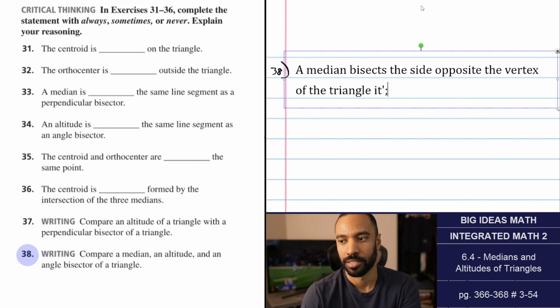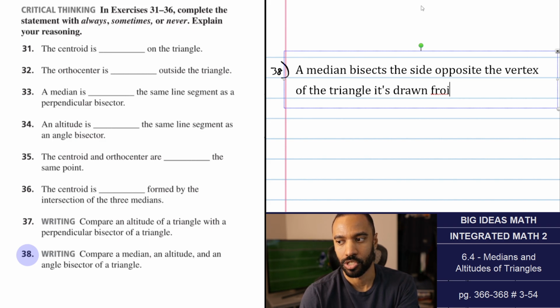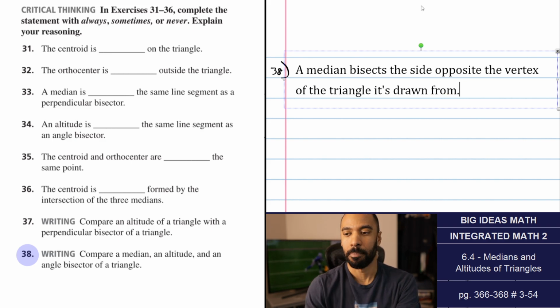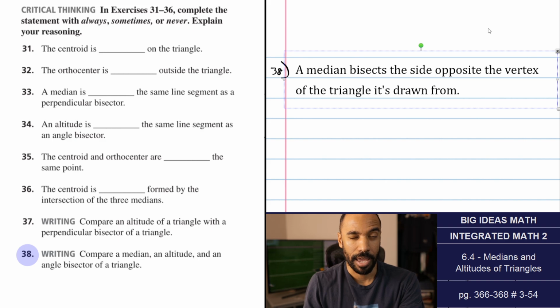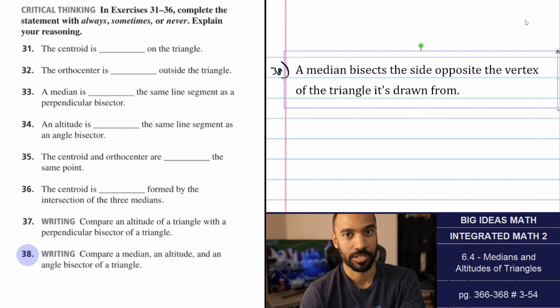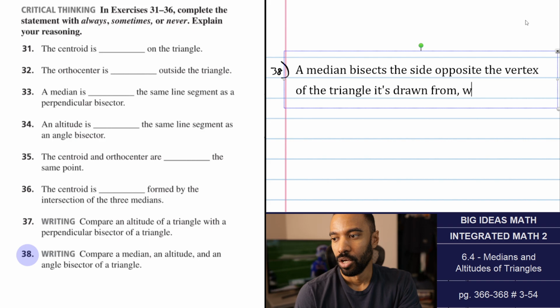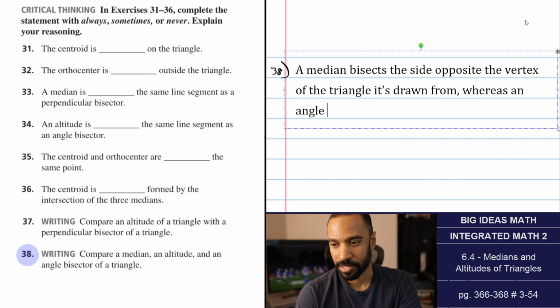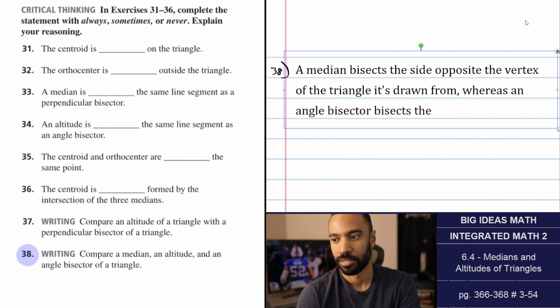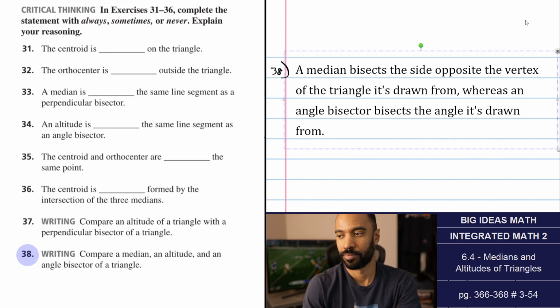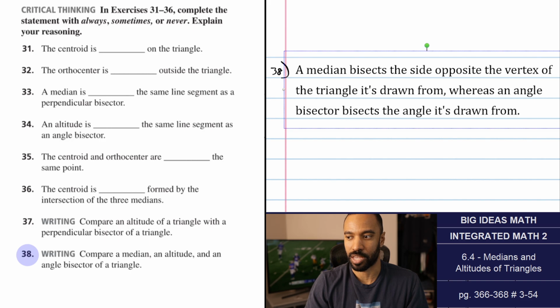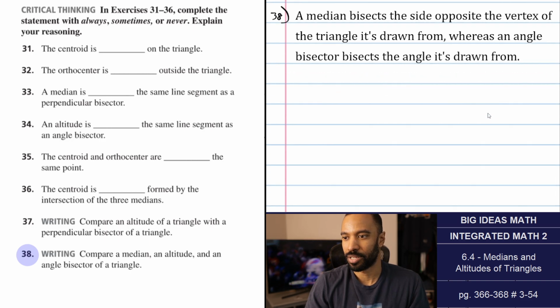See, it's still drawn from a vertex. So I guess that's one of the things, in that a median is like an angle bisector, that they're drawn from a vertex or from an angle. Whereas an angle bisector bisects the angle it's drawn from. They don't have to be the same, and I don't think people realize that.